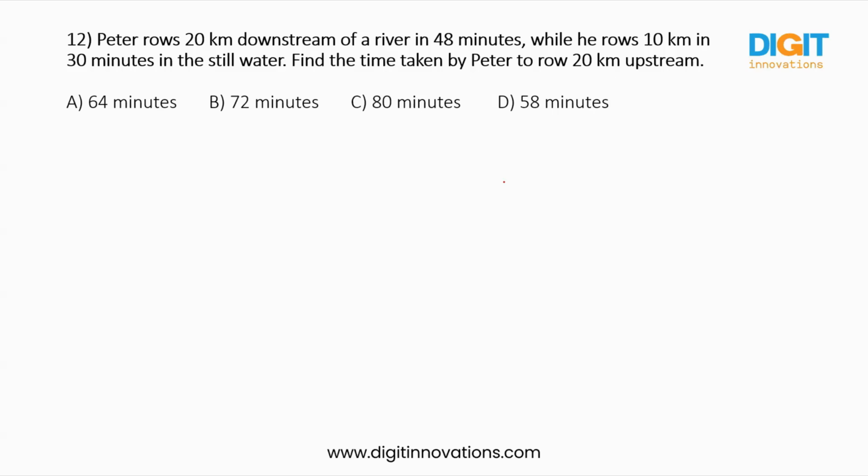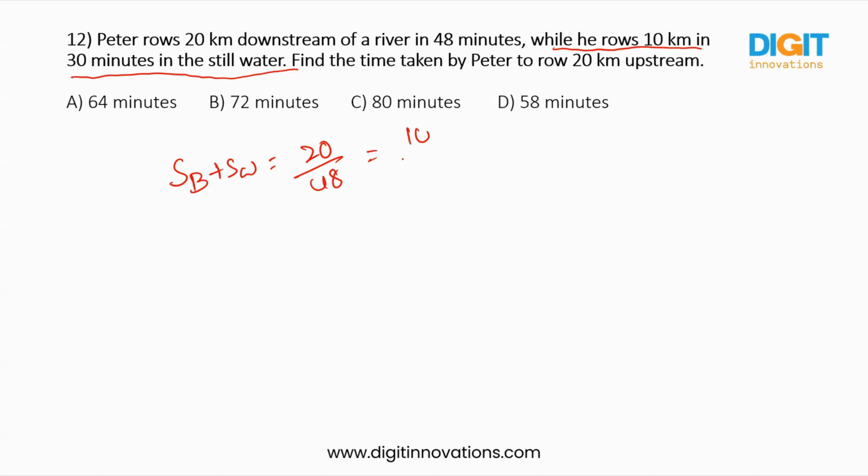That means he doesn't give the speed of the boat directly. Indirectly, he was giving the information. So downstream means speed of boat plus speed of water. So speed equals distance by time.